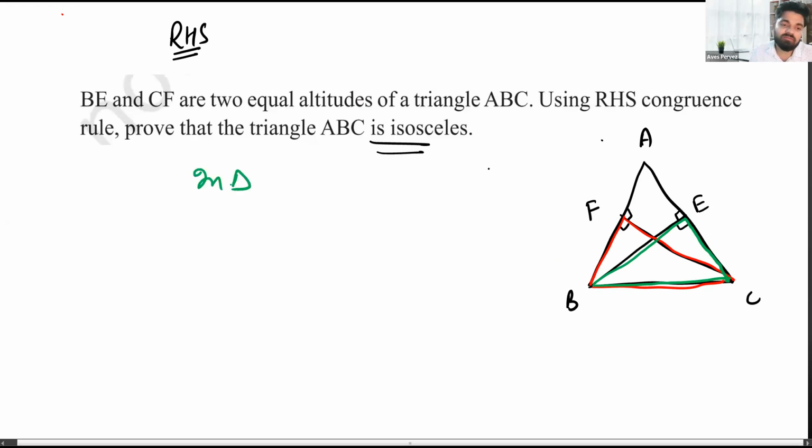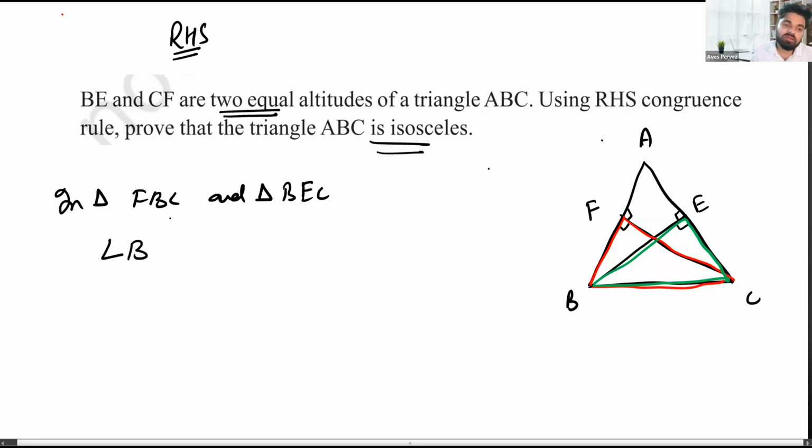Now what you will do? You will take triangle FBC and triangle BEC. Since the altitudes are equal, it is being given that they have equal altitudes, so FC is equal to EB.